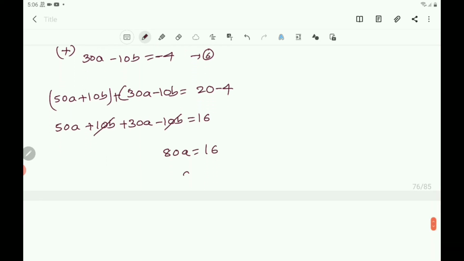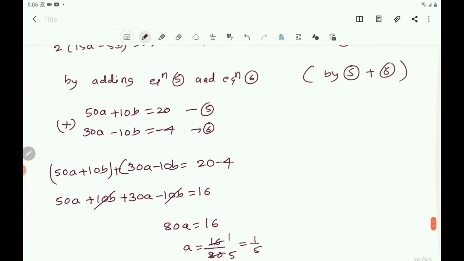So you get a equals 16 by 80. Here 16 fives are 80, so a equals 1 by 5.